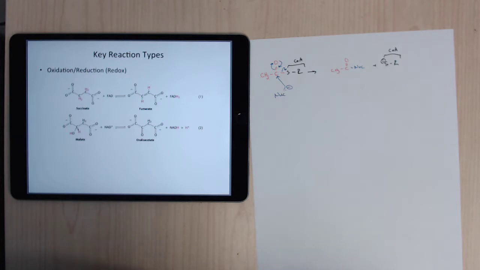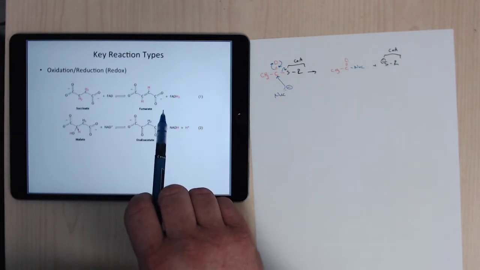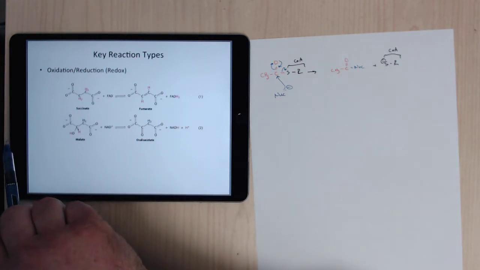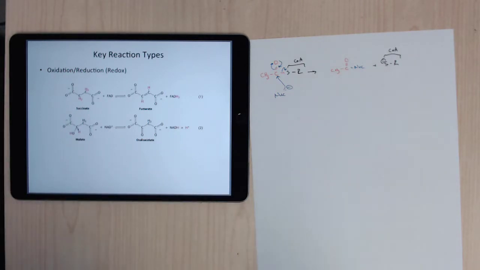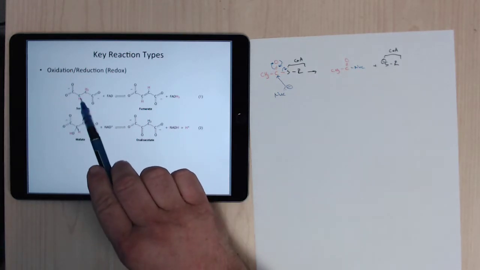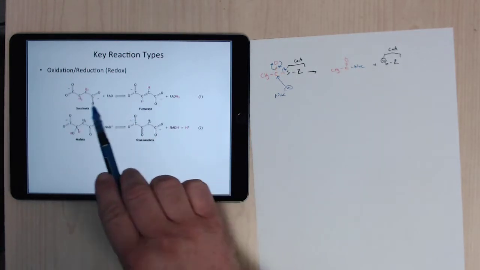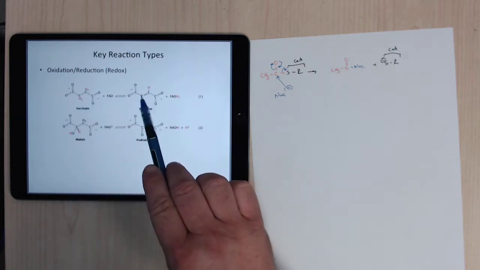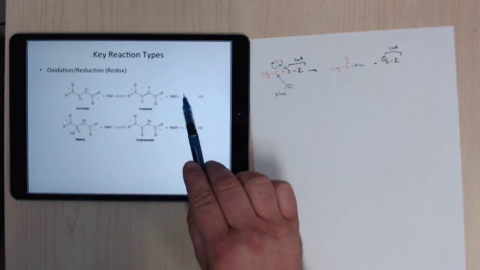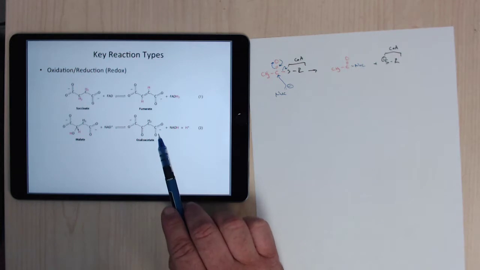So remember, with these things, we're going to have oxidation-reduction reactions. If this gets oxidized, that means going this way it gets reduced. And so here we're reducing the number of CH bonds, going from 2 CH2 to 2 CHs. So that's a reduction. Same thing going here.